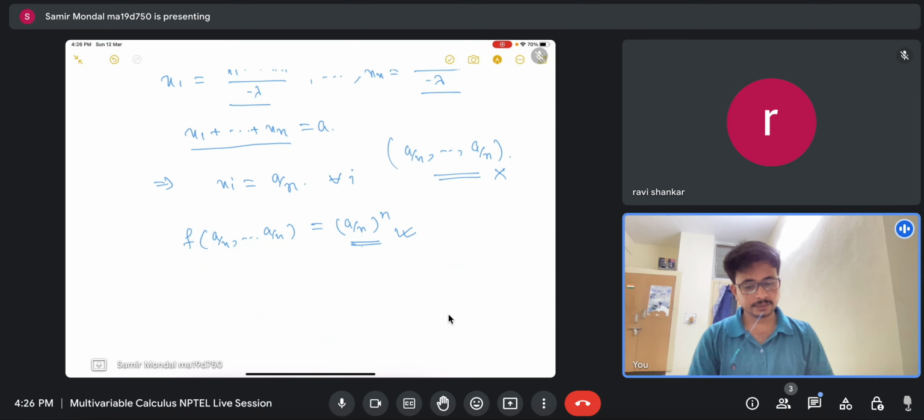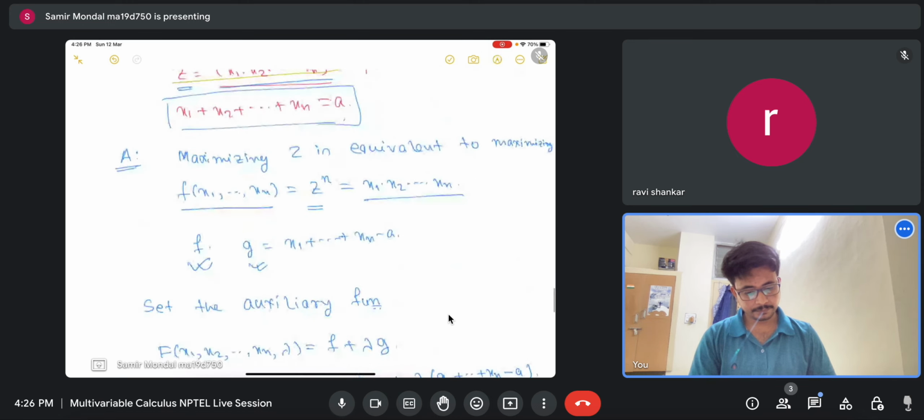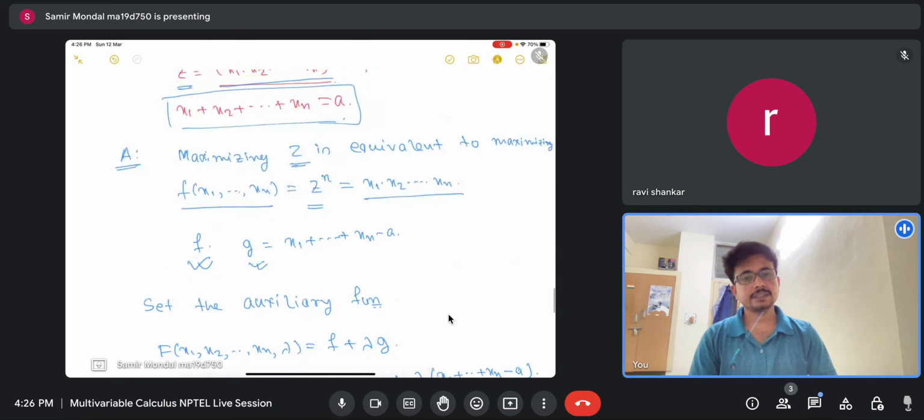Then what will be the maximum value of this quantity z? It is a by n, is it or not?